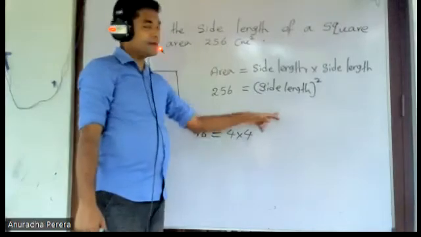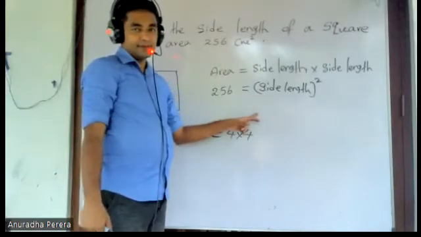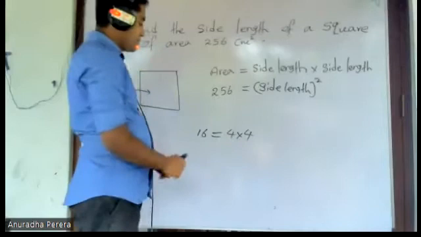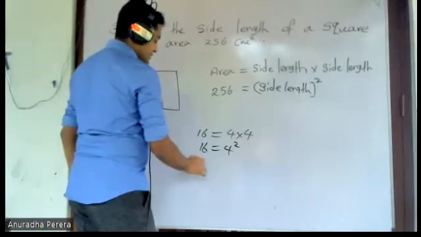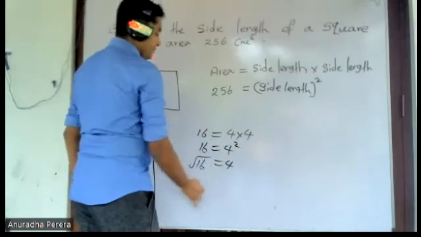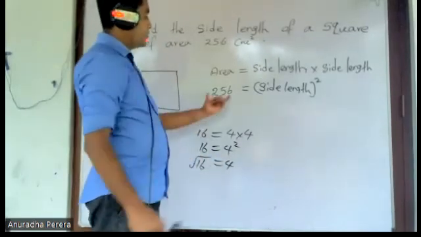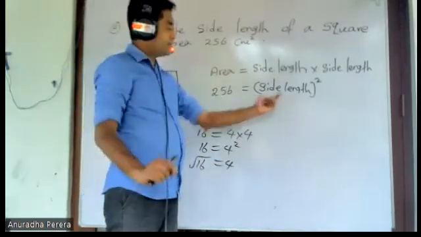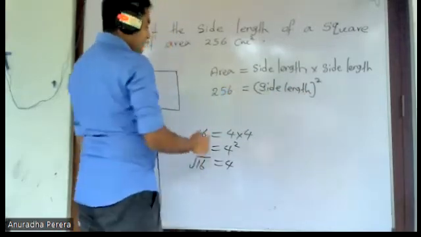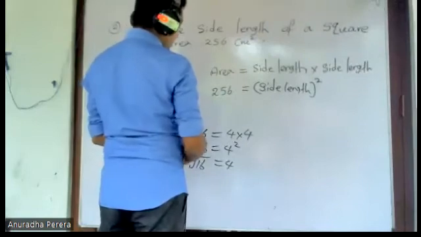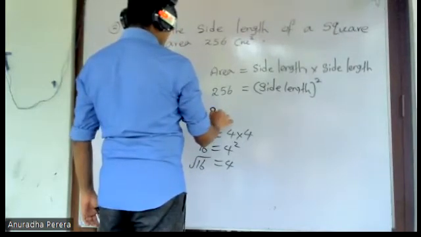Then 16 equals 4 into 4, 16 equals 4 to the power 2, so the square root of 16 is 4. Like this, 256 is equal to side length to the power 2. Then side length is equal to the square root of 256.